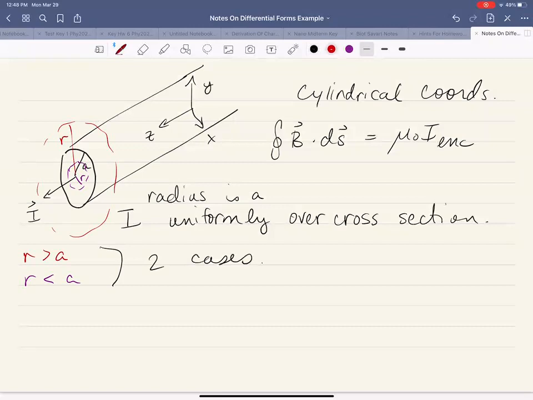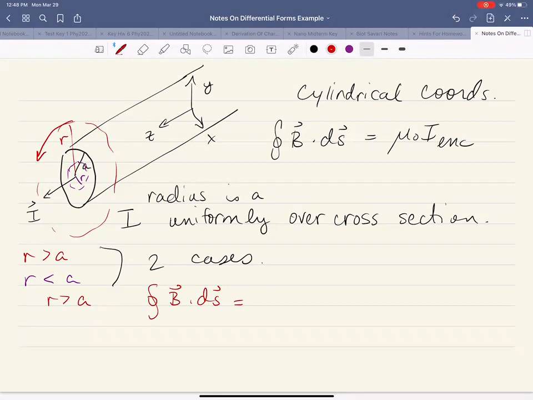Let's do the r greater than a case first. So there we have the integral of B dot ds. Remember that the magnetic field makes circles around the current of the long straight wire, going counterclockwise if you look down on it, making loops around the wire.